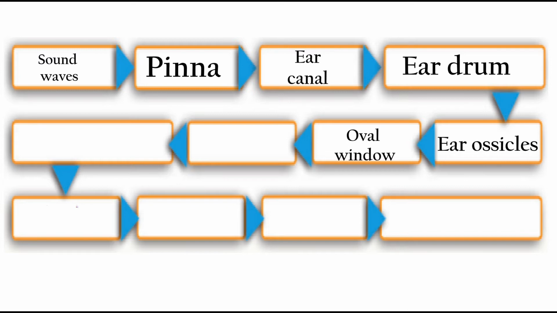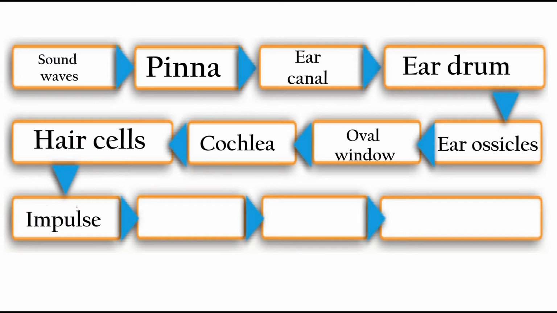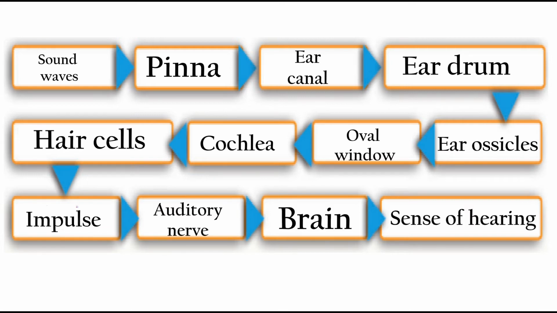From the oval window it reaches the cochlea, where the special receptors or hair cells are present, which are stimulated or excited, which results in the production of impulses. These impulses are transmitted to the auditory nerve so that they carry the message to the auditory center of our brain. In this way, the sense of hearing is possible.